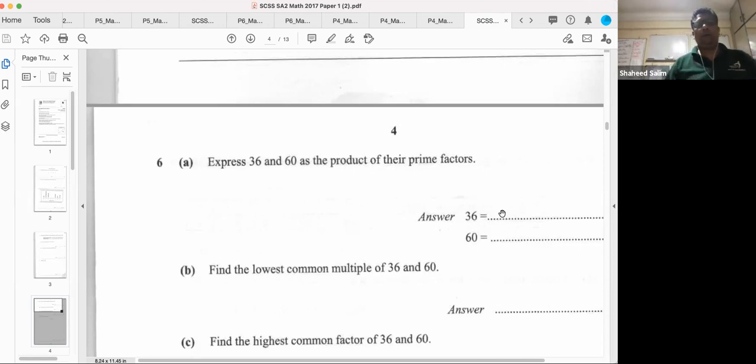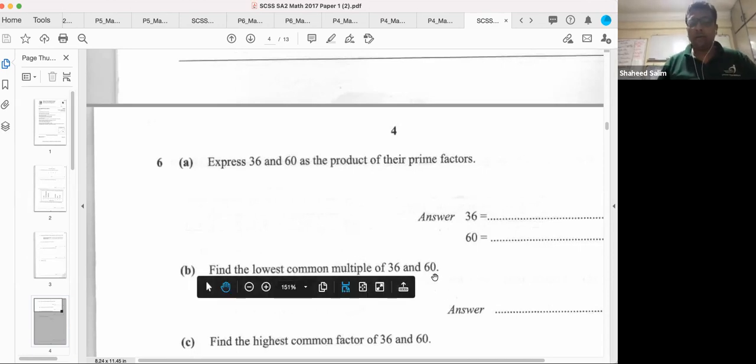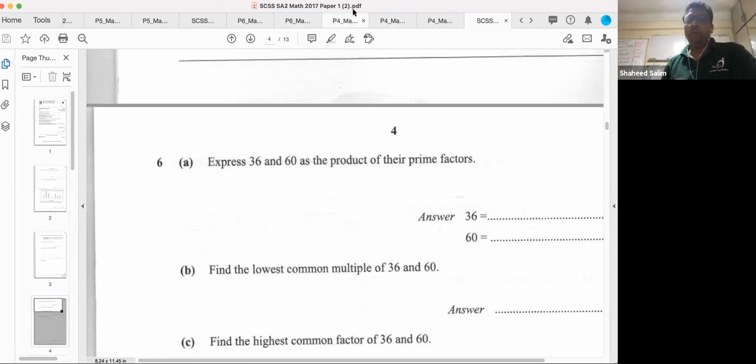Is it 25? For which one? MCQ, HCF, or the first one? First one. Okay, first one, you got to do it like this, no? You got to find out what is the prime factorization. This is 36.